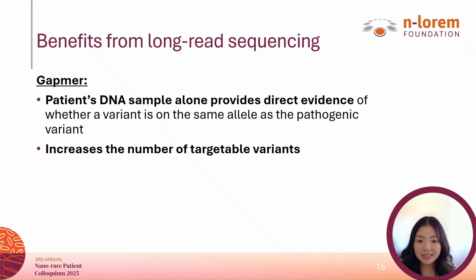So in the case of our allele selective ASOs, where we're trying to selectively degrade a mutant RNA, with long read sequencing we can use just the patient's DNA sample, and this will give us direct evidence of whether or not a variant is on the same allele as the pathogenic one. This gives us greater certainty for the variants that we're targeting, but it can also increase the number of variants that we can target. And ultimately, this gives us a higher chance of being able to develop a therapeutic.